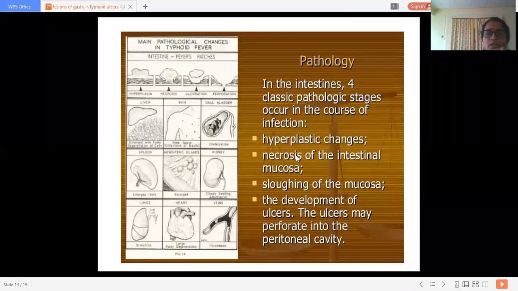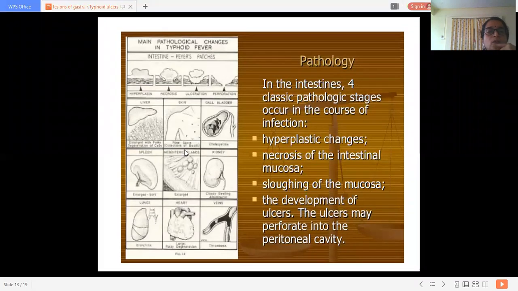Hyperplastic changes, then necrosis of intestinal mucosa, sloughing of mucosa, and the development of ulcers, which may perforate into the peritoneal cavity. So these are the four stages we are going to discuss. There are also changes associated with the liver, skin, gallbladder, spleen, mesenteric glands, kidney, lungs, heart, and veins.